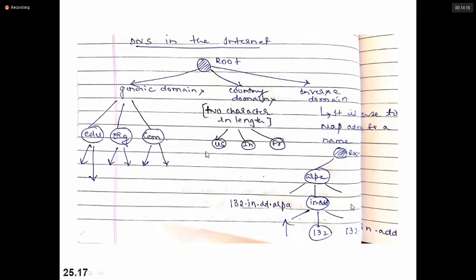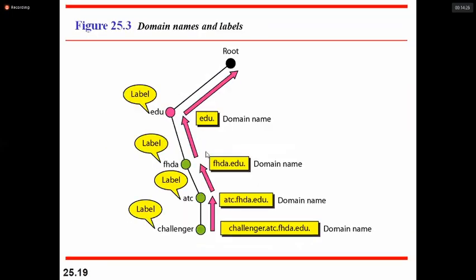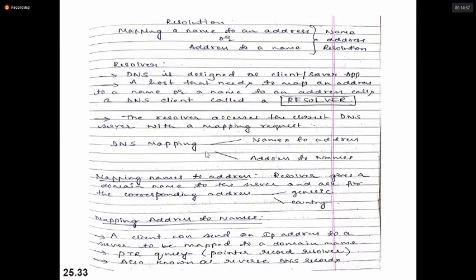Then I moved on with the types of the servers. We have a DNS resolver, DNS root server, and non-recursive server. Then I moved on with the two types of queries we can give. One is the recursive query, and the other is the iterative query.